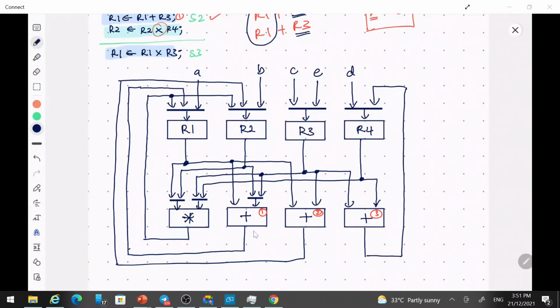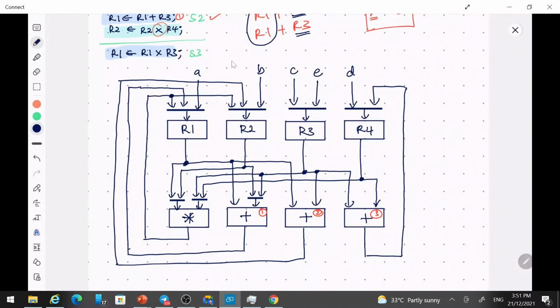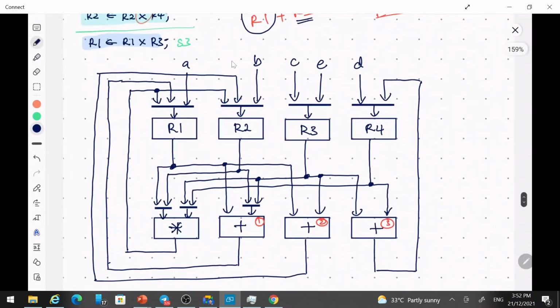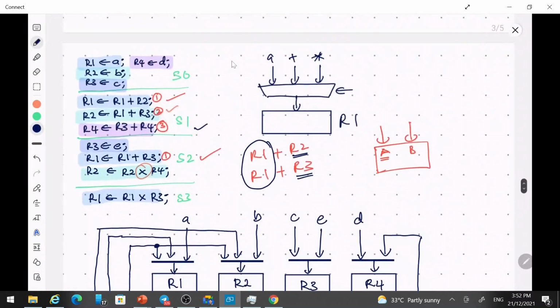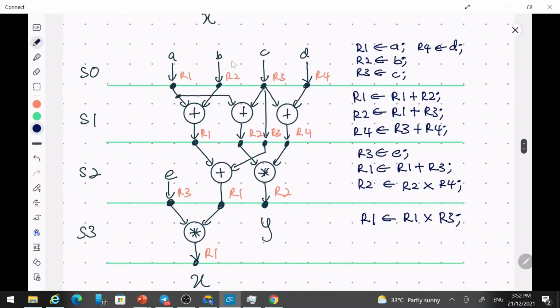So the data path will be derived from the RTL code. Right? So you need to have RTL code before you can derive the data path. And to have the RTL code, you need to have the scheduling and allocation.